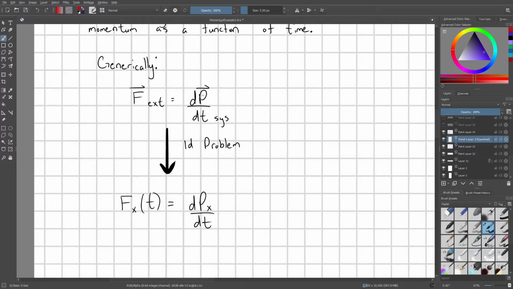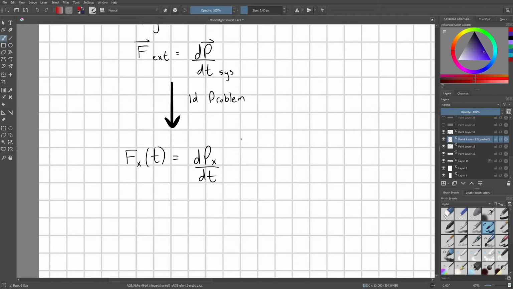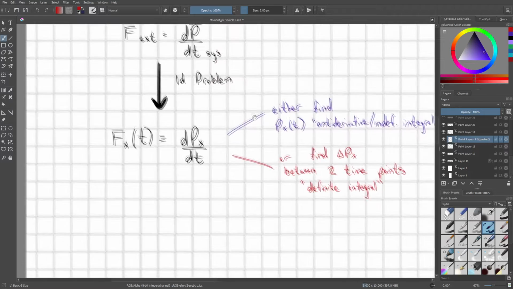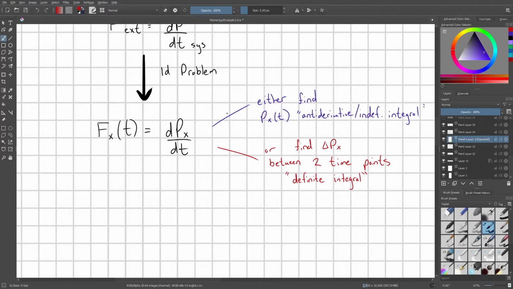And so same deal with my momentum. My momentum's only going to change in the x direction as well, so I can drop the vector symbol on that. All right, so we can either find my momentum as a function of time, or I could find the change in my momentum between two time points.